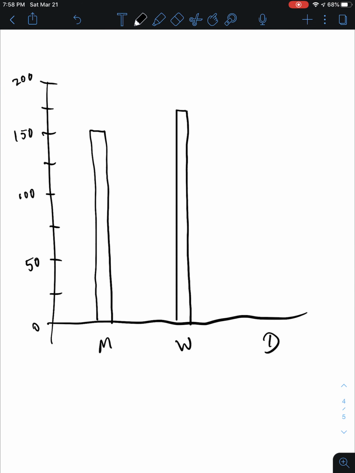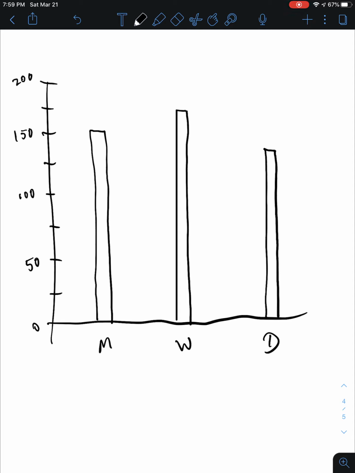Now, you remember that these are just the sample means. So they're just estimators for the true population mean. So I can't say that the mean cost of a Marriott room is $150 a night because I've only taken a sample.